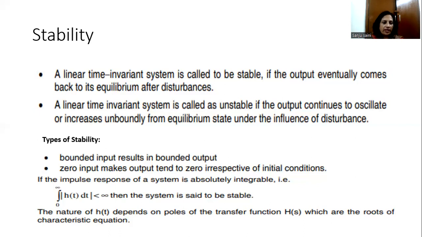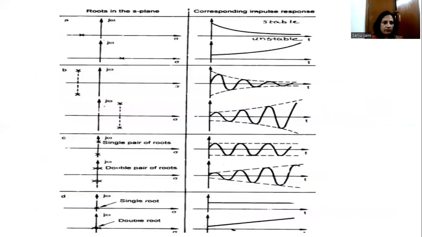The nature of h(t) depends on the poles of the transfer function H(s), which are the roots of the characteristic equation. It means that the stability of a linear time invariant system is affected by the position of the roots of the characteristic equation.